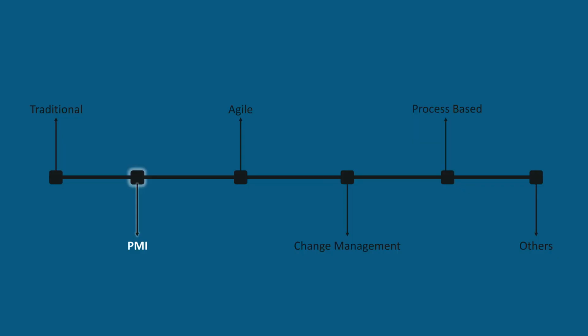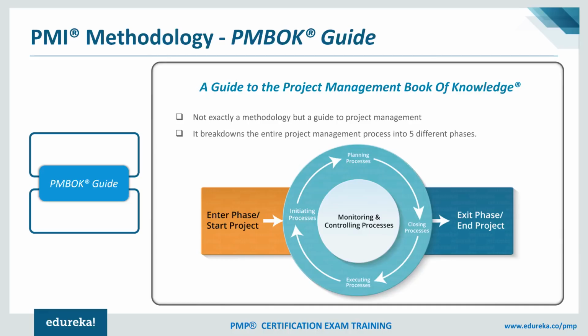Now let's move on to PMI. So PMI, again, I wouldn't say it is a methodology, but definitely it's a guide to project management, because we have the PMBOK guide and it actually breaks down the entire project management into different processes. There are 5 different process groups. I wouldn't call them phases as such, but process groups.